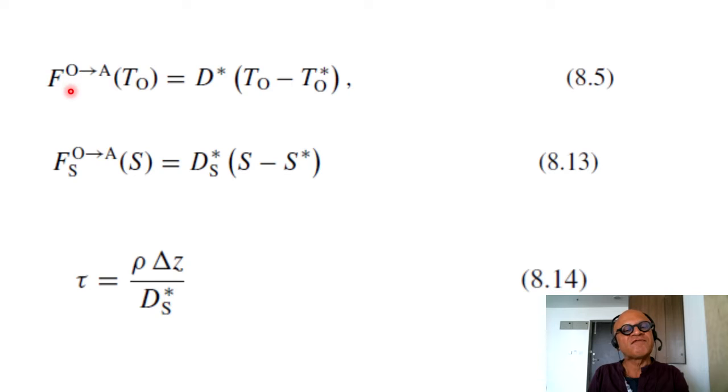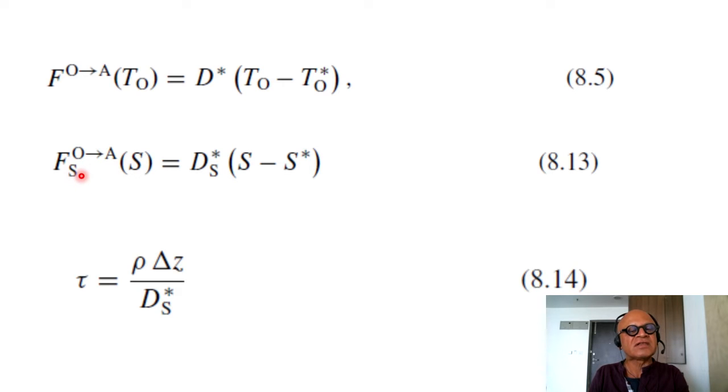Okay, so the flux ocean to atmosphere in heat was dependent on ocean temperature with the coefficient D star that drove a relaxation towards the difference of ocean temperature with the prescribed temperature, which is straightforward in the case of heat flux, because as we said, a perturbation to temperature produces an atmospheric response, but it's not the same for the salinity.